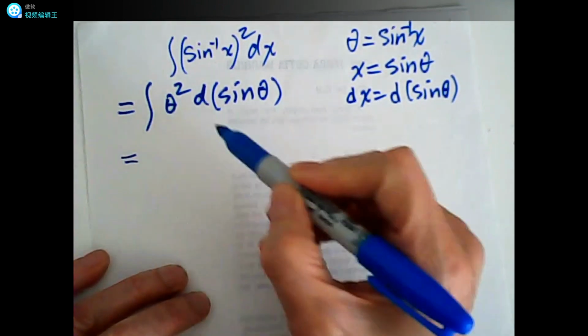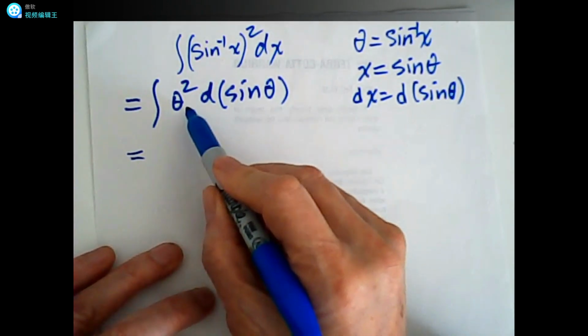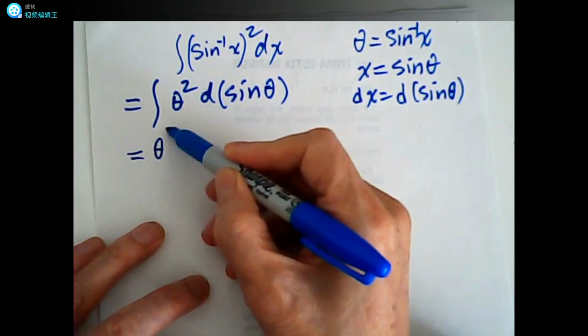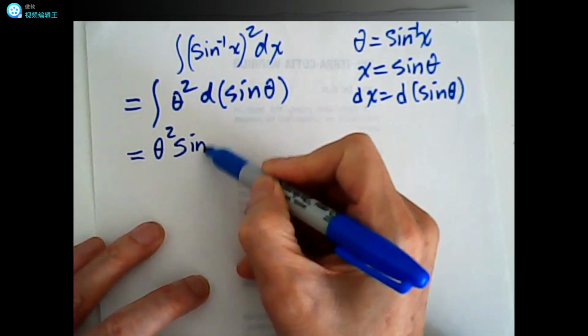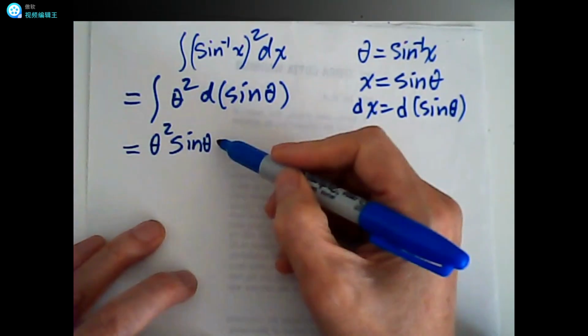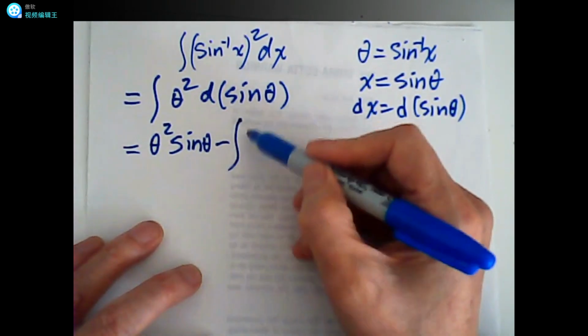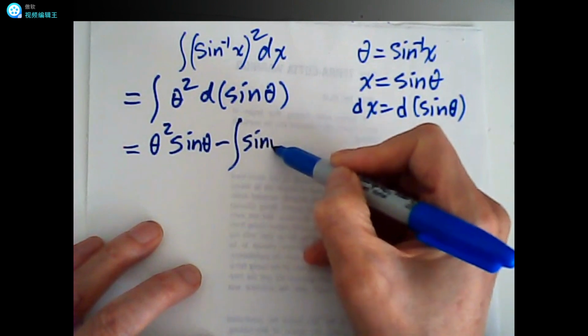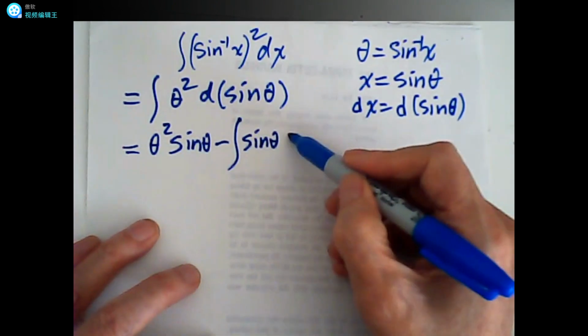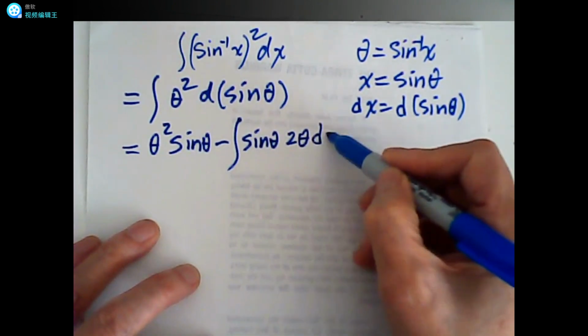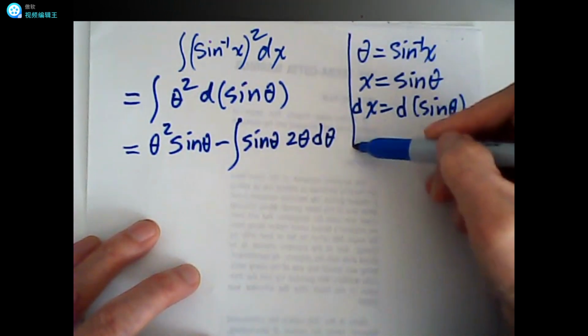So this one is equal to uv, u times v, minus the integral of v du. V is sine theta, du is 2 theta d theta.